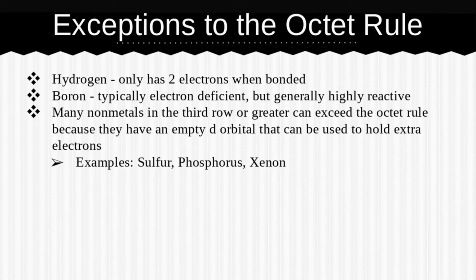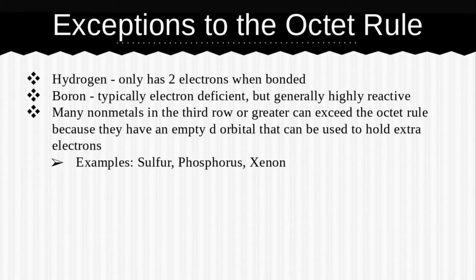Boron is another exception. Typically, it has only 6 electrons in a Lewis structure. We call that electron deficient, but it is generally highly reactive, so you may see it with extra electrons. However, to draw the Lewis structure, you usually want to make it only have 6 electrons.